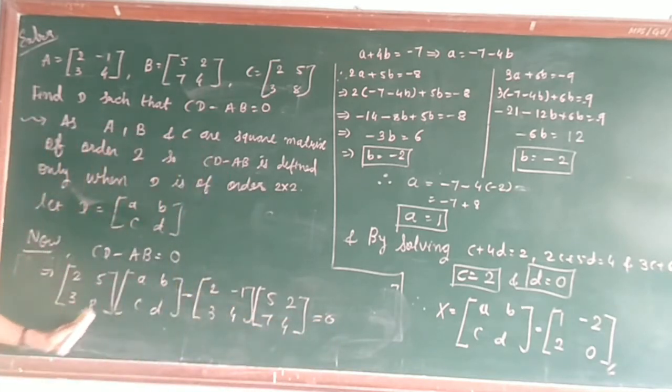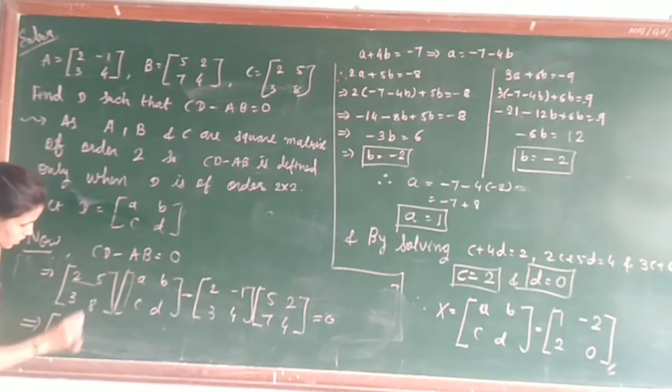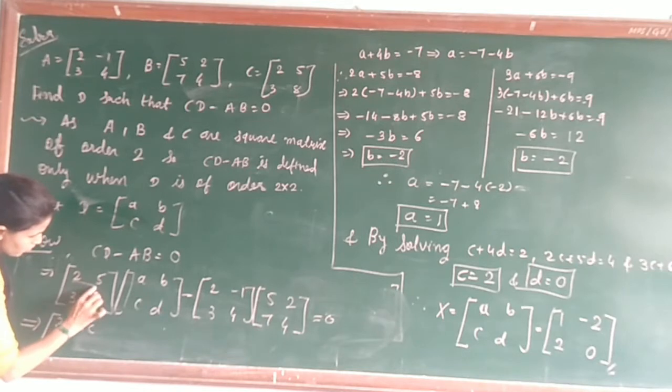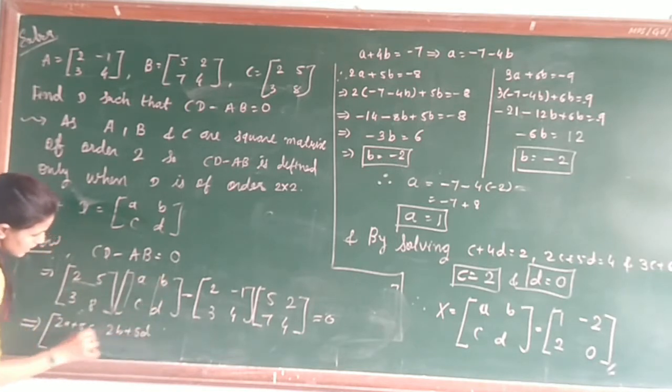So first you find the multiplication and compare it with 0. From here we will apply multiplication. First row and first column: 2a plus 5c. Then first row and second column: 2b plus 5d.